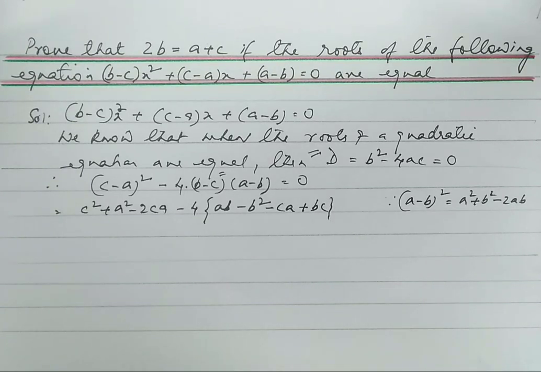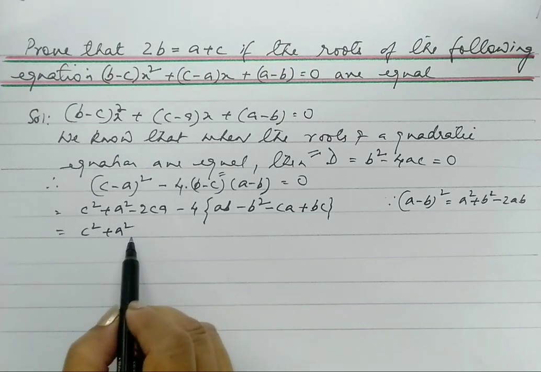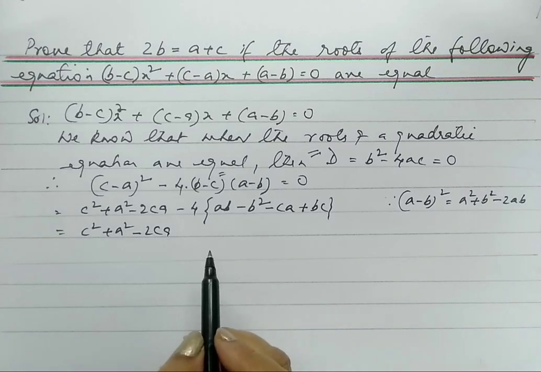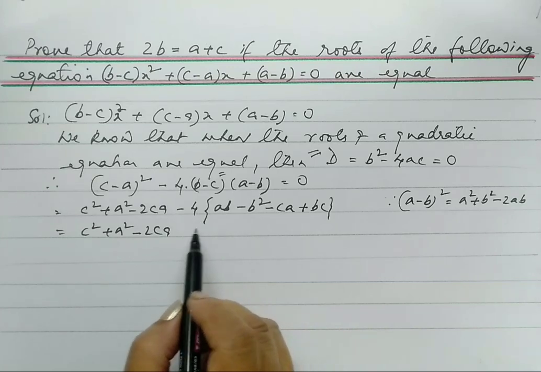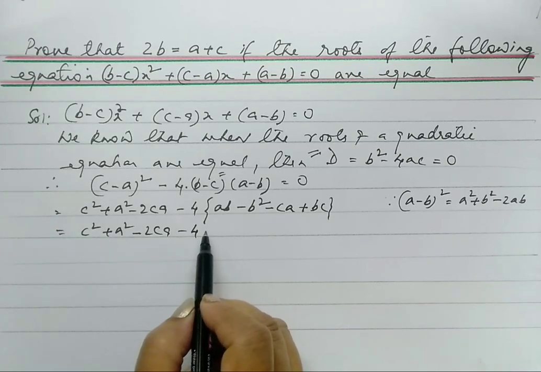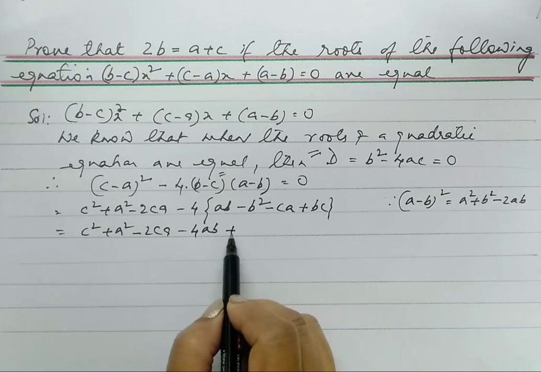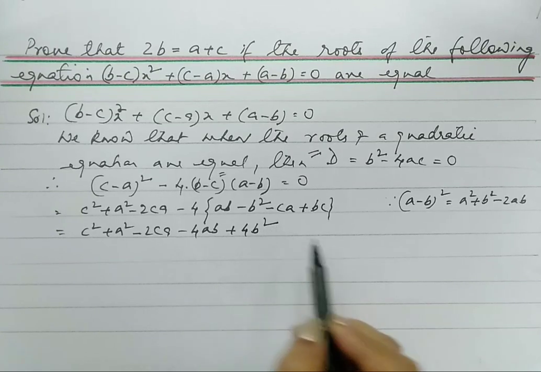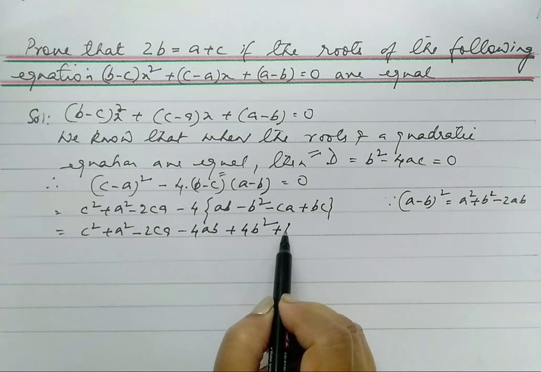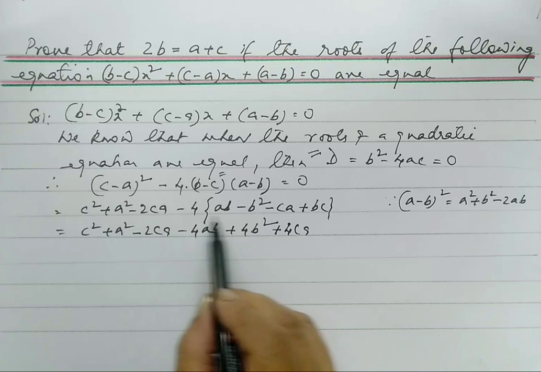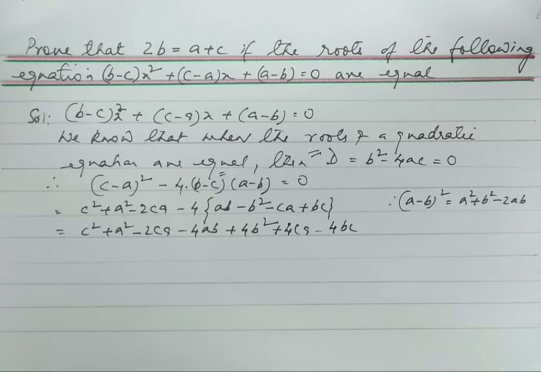Okay? In our next step, we have c square plus a square minus 2ca, and let's multiply with minus 4 now. So minus 4 multiplied by ab plus ab is minus 4ab, minus minus plus, so we get 4b square, minus minus plus, we get 4ca, and minus plus minus 4bc. Got it?